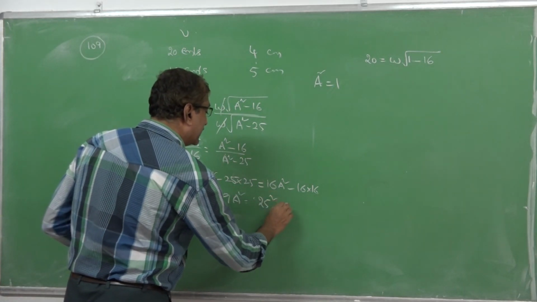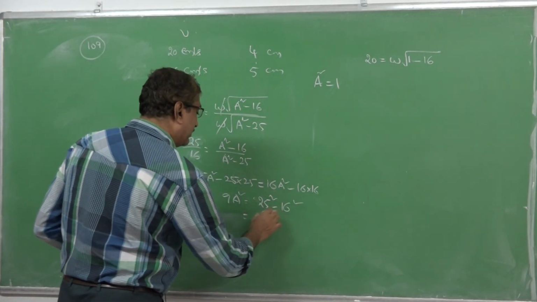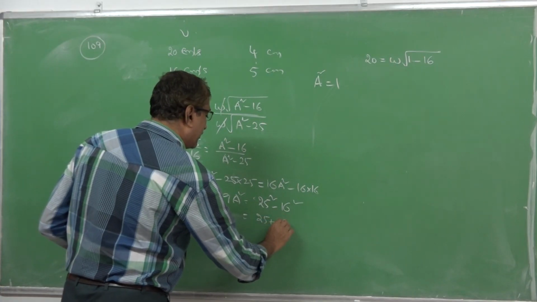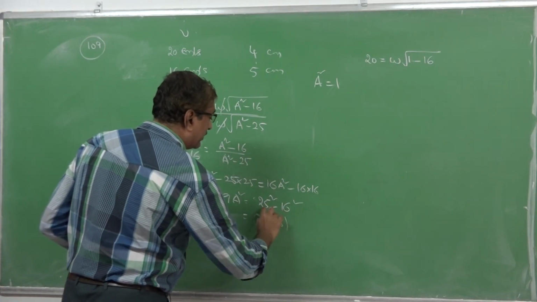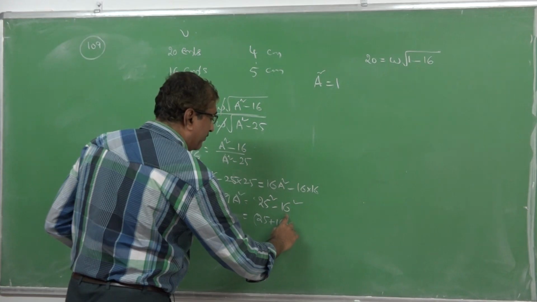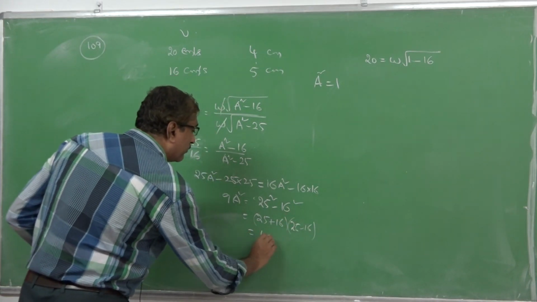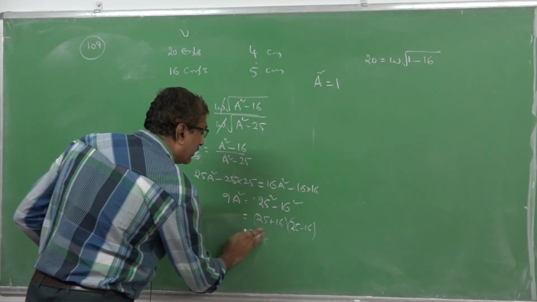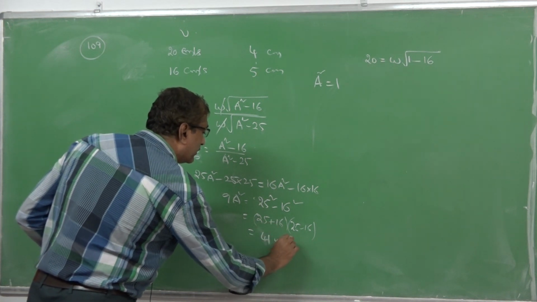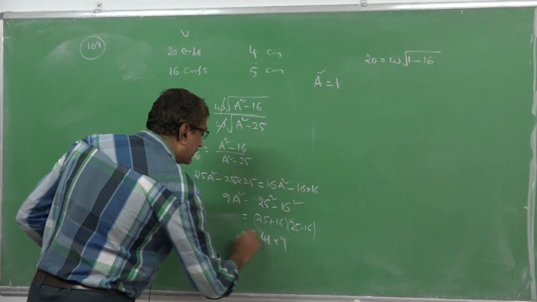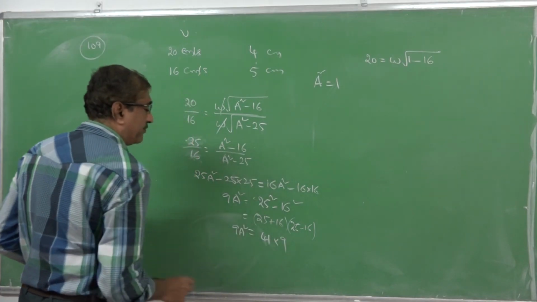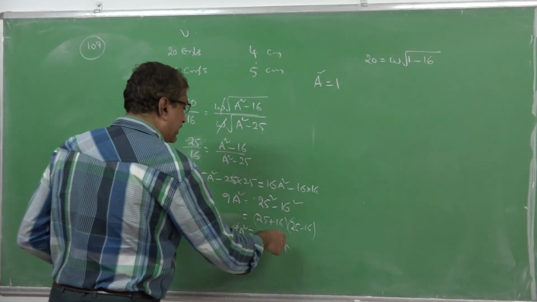25 square minus 16 square. That is 25 into 16 into 25 minus 16, and 25 minus 16 is 9. So 9 a square, this 9 will get cancelled. So a square is 41.